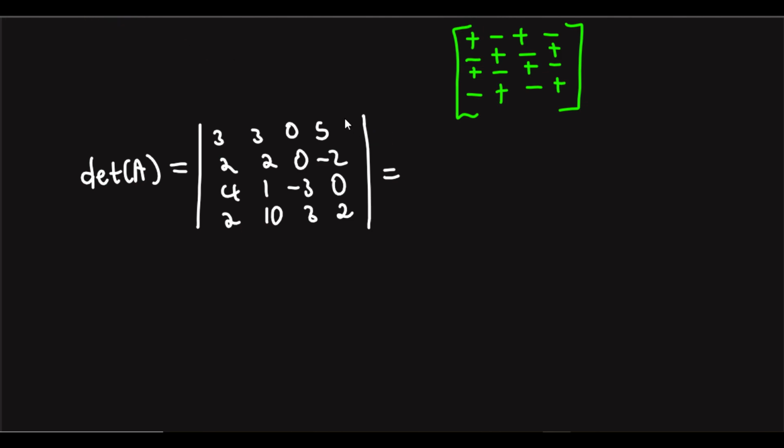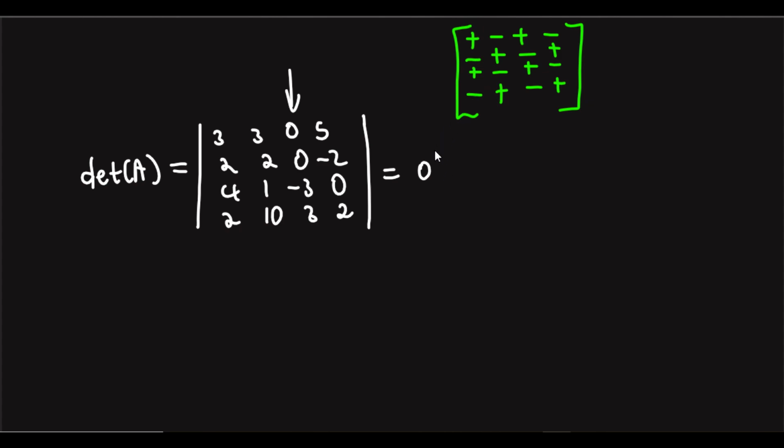So now I'm going to look at column number 3. The first entry of column number 3 is 0. Now I don't care what is going to be multiplied with 0 because it's just going to give me a lot of work and eat my time, so I'll just write it as 0.